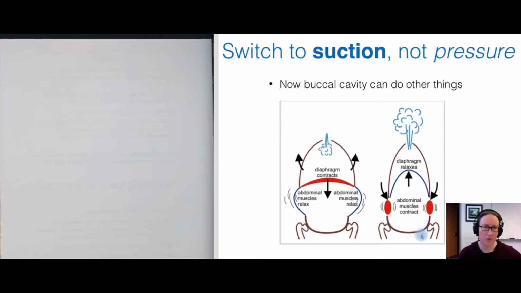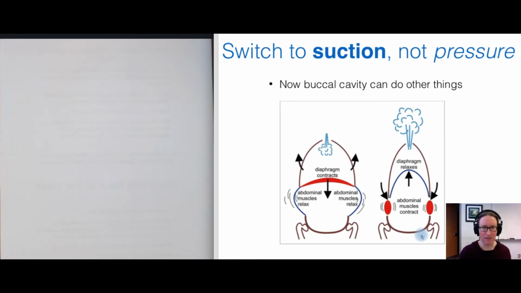The other change we see in the reptiles is a switch in the relative use of positive versus negative pressure. With the amphibians, breathing is based around generating positive pressure. And in reptiles, now instead of using positive pressure to swallow air into the breathing organ, there's the development of negative pressure to basically suck air into the breathing organ.